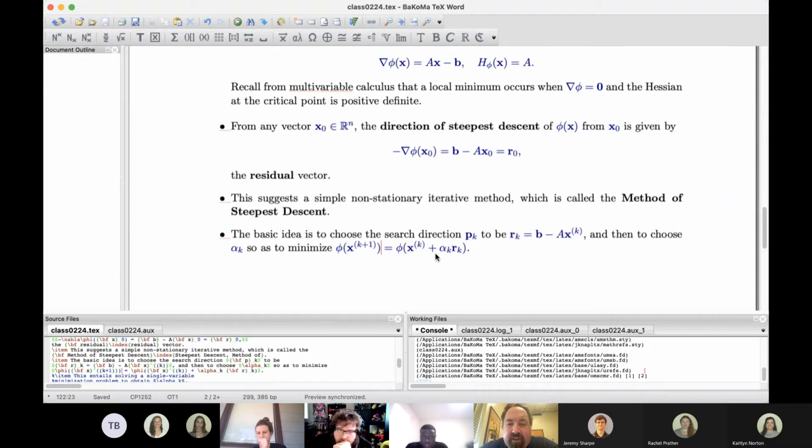So what we've done here is change a multivariable minimization problem, of minimizing phi for all x in Rn, to a one-dimensional minimization problem. It's because we've now decided that our new x will be of this form, dependent only on a single unknown parameter alpha k. So you can think of this as a function of one variable, and we want to choose the value of that variable to make this as small as possible.